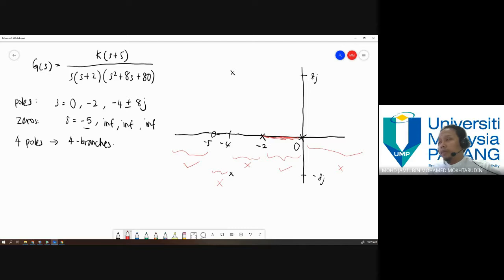From here we can roughly get the idea of how the root locus will look like. From my experience, I think the root locus will look something like this. There's a breakaway point here, and then going to some jw crossing.